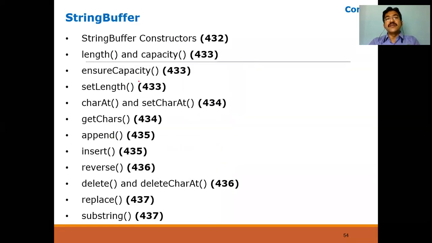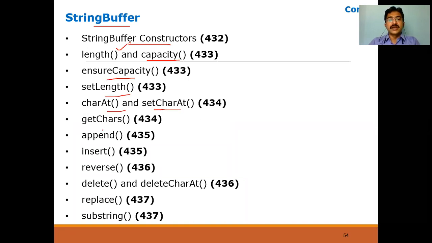Coming to the second way of creating a string in Java, the second way is with the help of StringBuffer. StringBuffer is another way. There is a StringBuffer constructor, and the methods in StringBuffer are length, capacity, ensureCapacity, setLength, charAt, setCharAt, getChars, append, insert, reverse, deleteCharAt, replace, and substring.